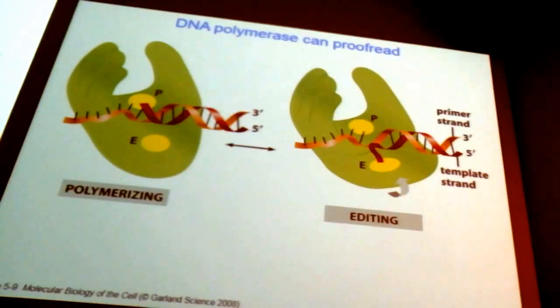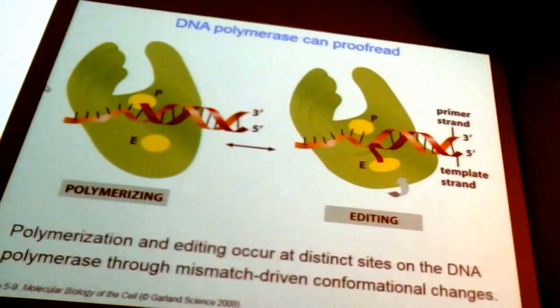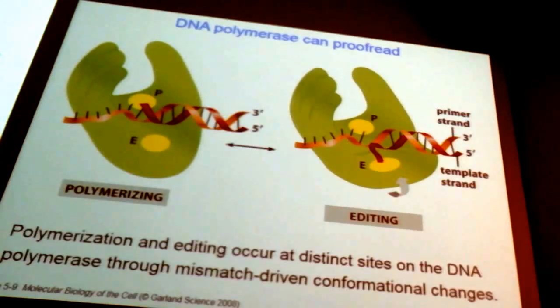This is DNA polymerization, and E for editing. The base is literally flipped out to another region where it's excised, the polymerase steps back and goes forward again. That's the process by which one mismatch at the terminal end can get fixed.